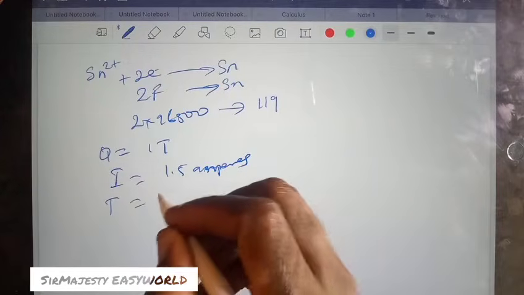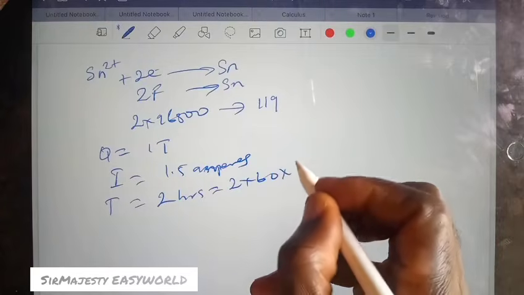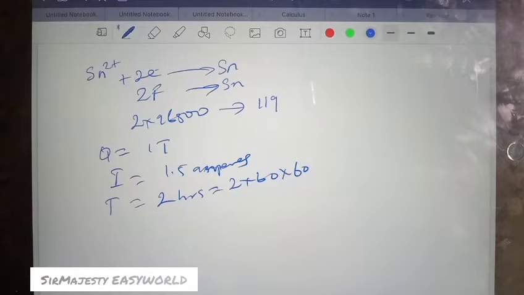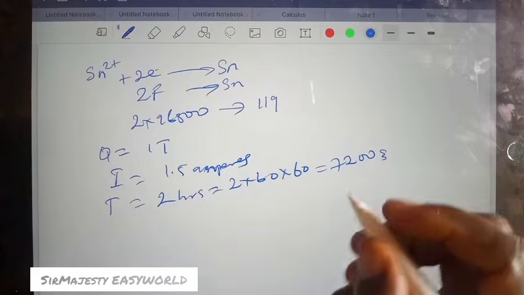Then time was 2 hours, which when converted gives you 2 times 60 times 60. That's actually 3,600 times 2. So this is giving you 7,200 seconds.